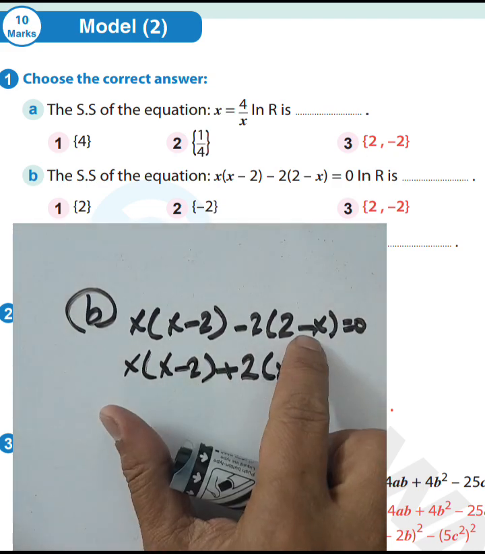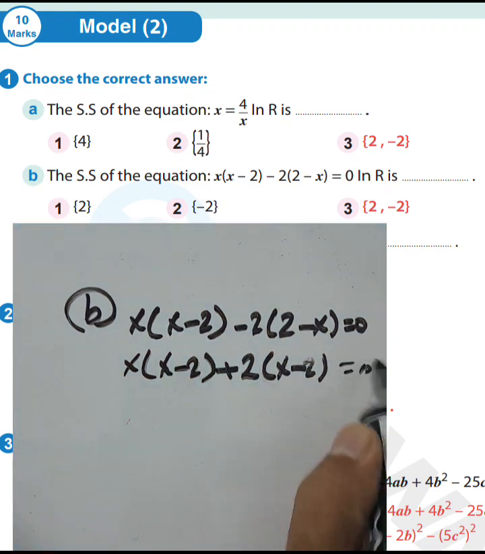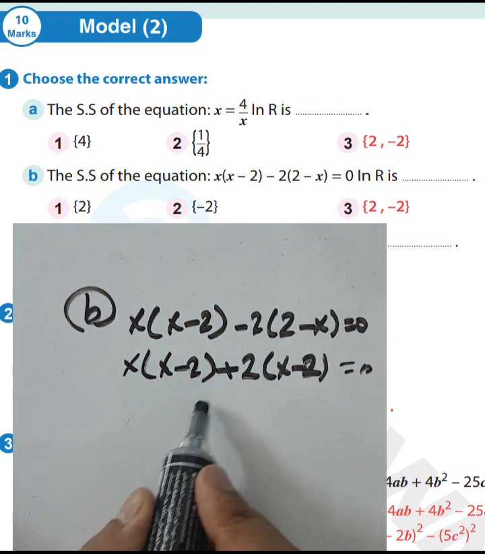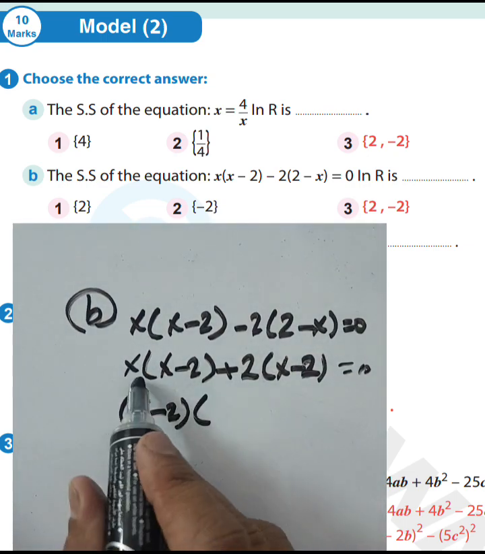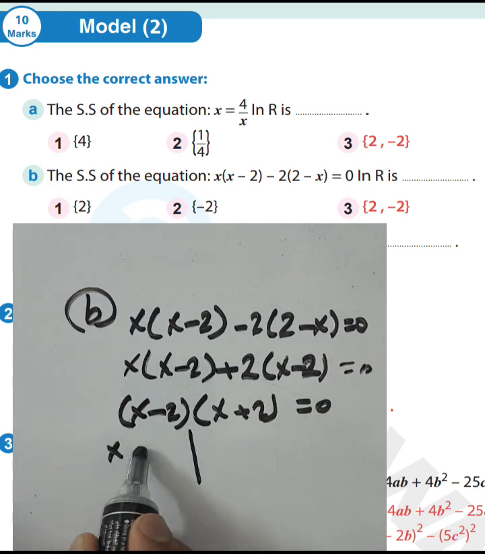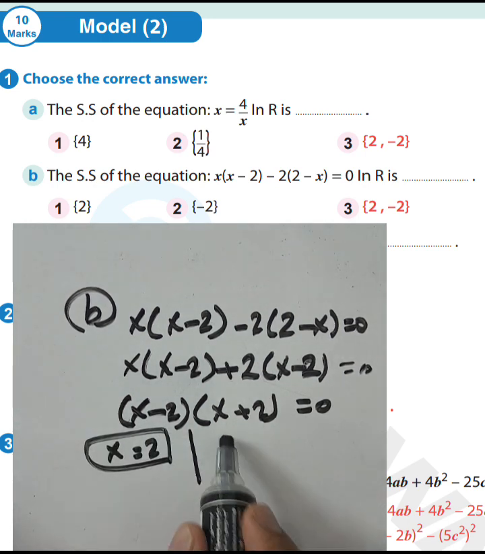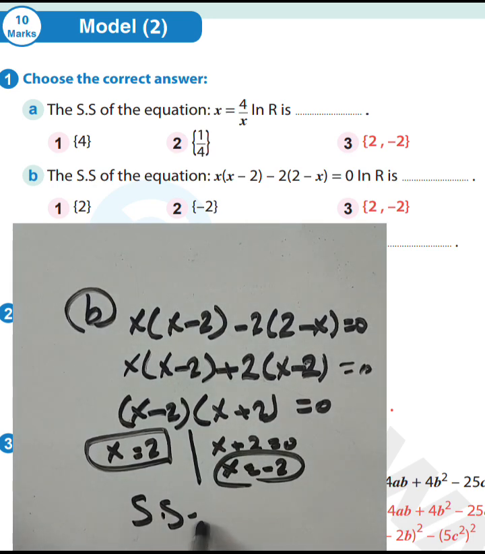Write negative outside from the two terms, negative times negative is positive. Then we can write x minus 2 as common factor between the two terms, hence the remainder will be x plus 2 equals 0. Then x minus 2 equals 0, so the value of x equals 2, and x plus 2 equals 0, so the value of x will be negative 2. Then the solution set will be 2 and negative 2.